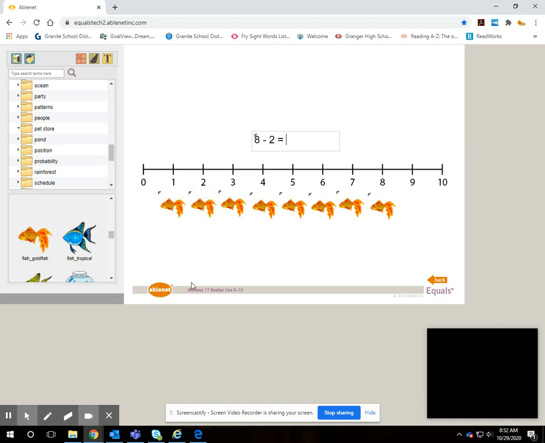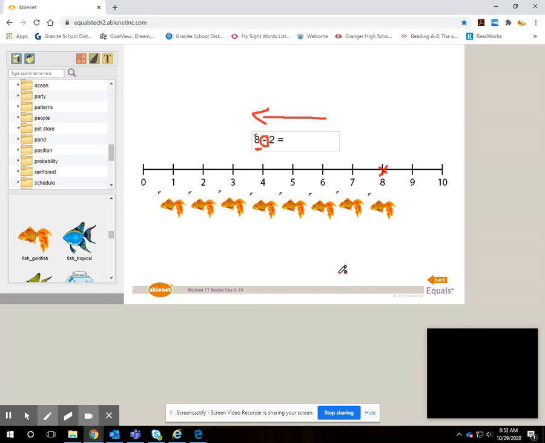If I was doing this without any fish in front of me, I could use my pen, and I know that I'm going to start at number 8 right here, right? And because I'm using a minus sign or subtraction, it means that I'm going to move this way on the number line. I'm going to count back when I do subtraction. Count back.